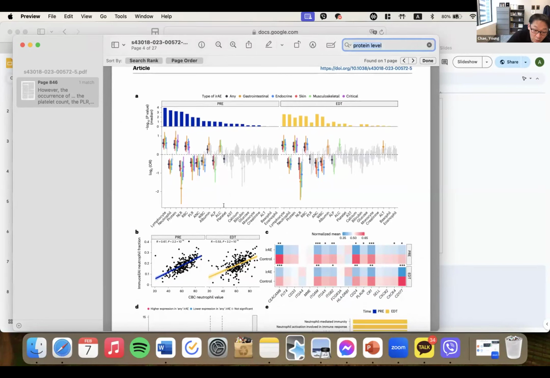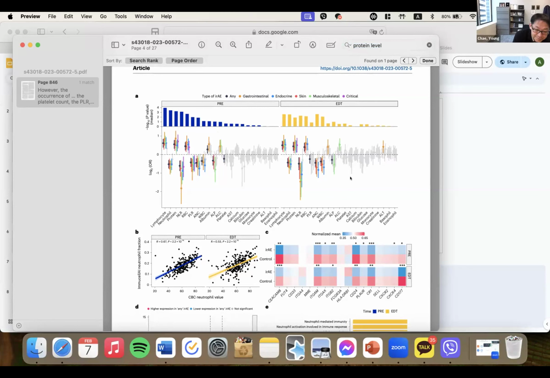So does that mean low platelet means higher occurrence? It should be that low platelets are related to the occurrence.